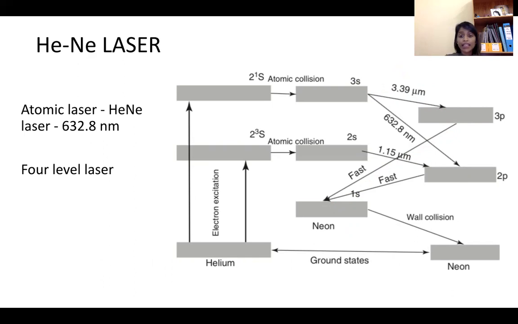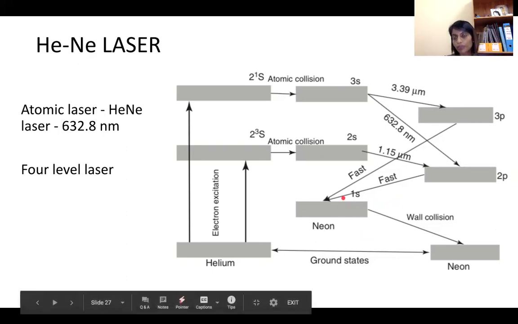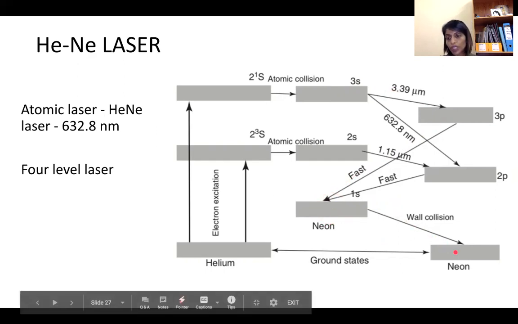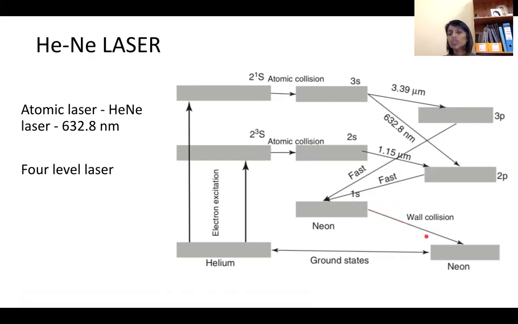And the 1S state here is metastable. 1S atoms return to ground level, like I told you in the 4-level system. From this metastable population inversion, they drop back to an intermediate level and then quickly decay into this level. And from the 1S state to neon, they will lose their energy due to wall collision.